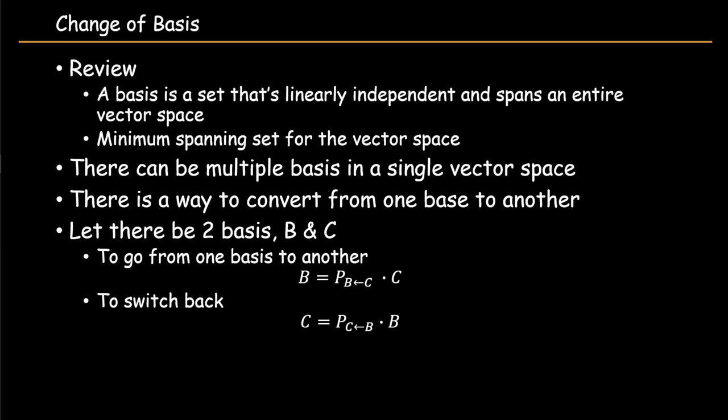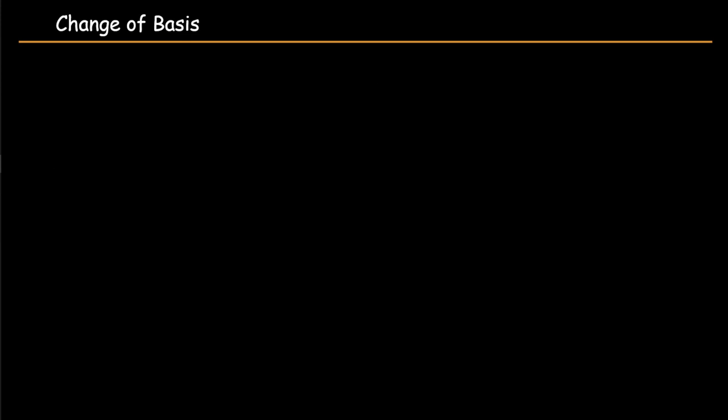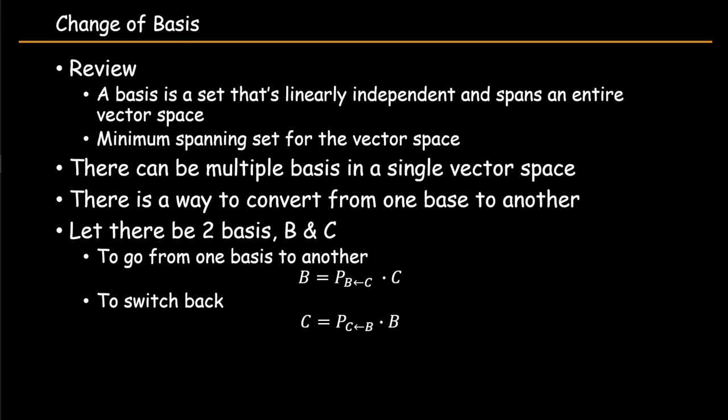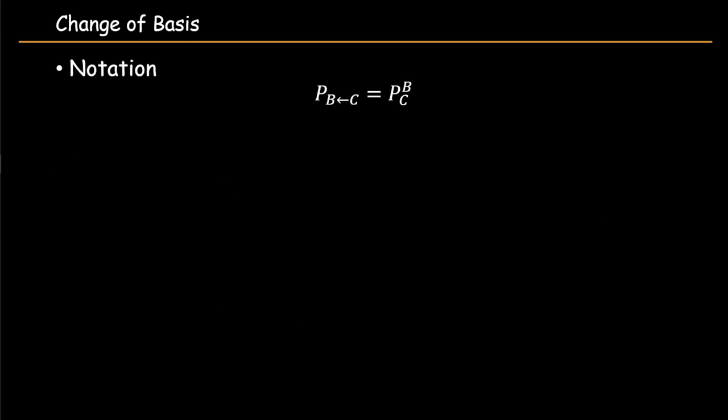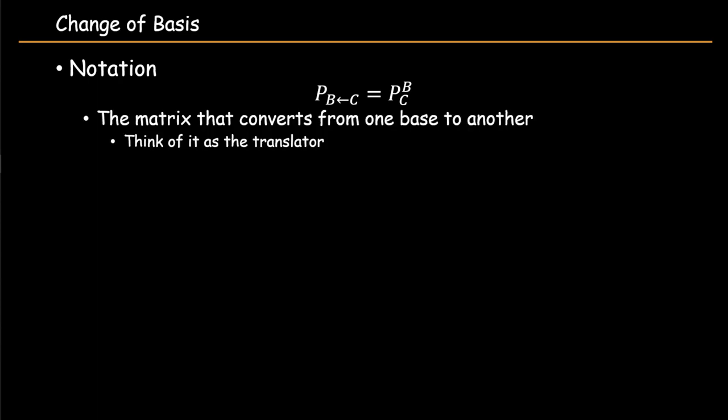A quick detour: as you can see, there's a weird notation here with the P and the subscript going from C to B. That notation means the matrix that converts from one basis to another.